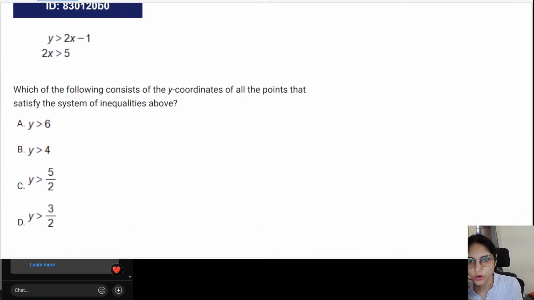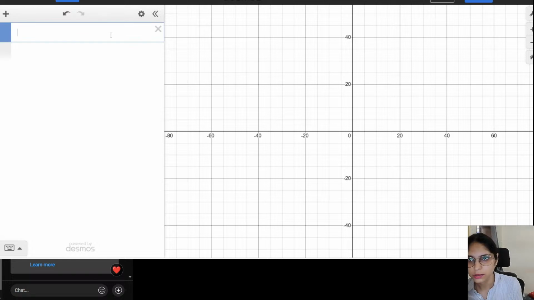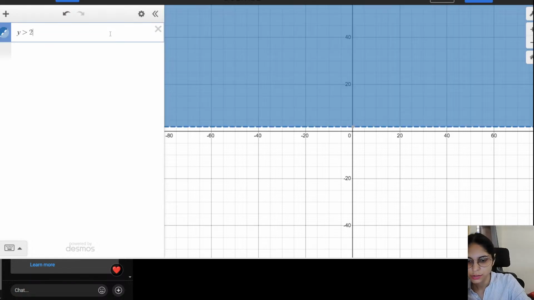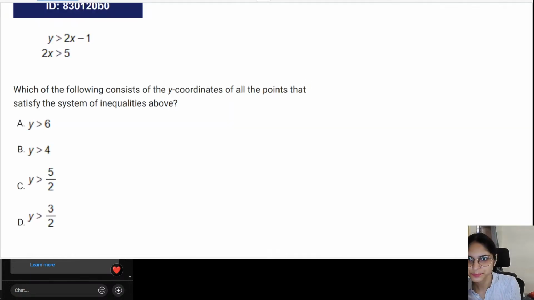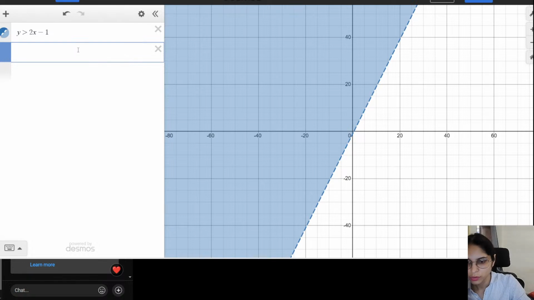Which consists of all the y coordinates that satisfy the system of inequalities above? So y is greater than 2x minus 1. 2x is greater than 5.